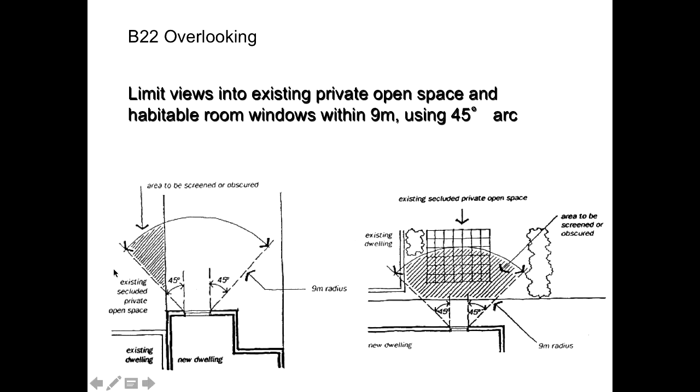The test says if there's an area within 9 metres that is someone's private open space, it must be treated with some sort of design response. It could be shutters, it could be changing the nature of the window treatment or so forth to stop that overlooking. Why is it 9 metres?